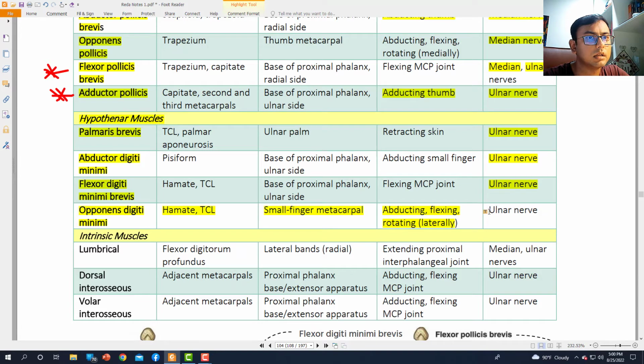All are supplied by the ulnar nerve. All the hypothenar muscles are supplied by the ulnar nerve, along with adductor pollicis and flexor pollicis brevis. Adduction is supplied by the ulnar nerve along with some median nerve.